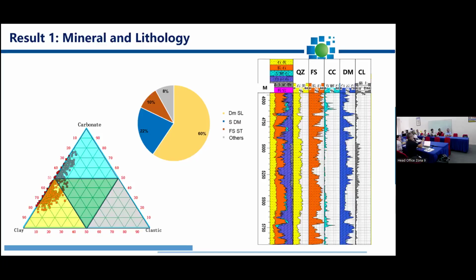This is our foundation, so I'm not going to go through the details. Through the cutting analysis, we'll be able to define the content of each mineral, then combine them into lithology.